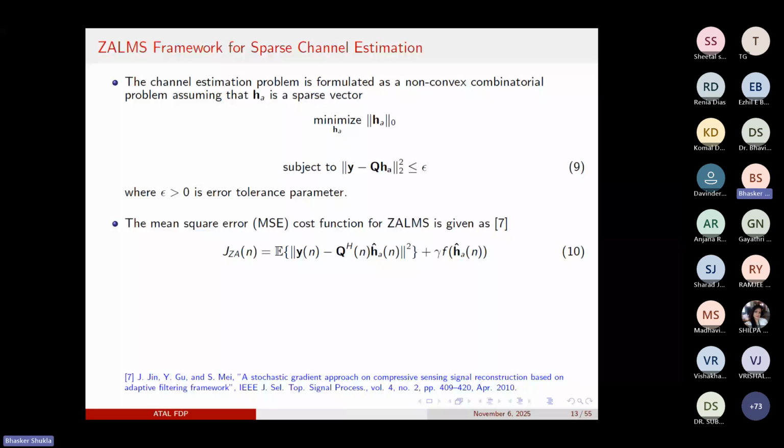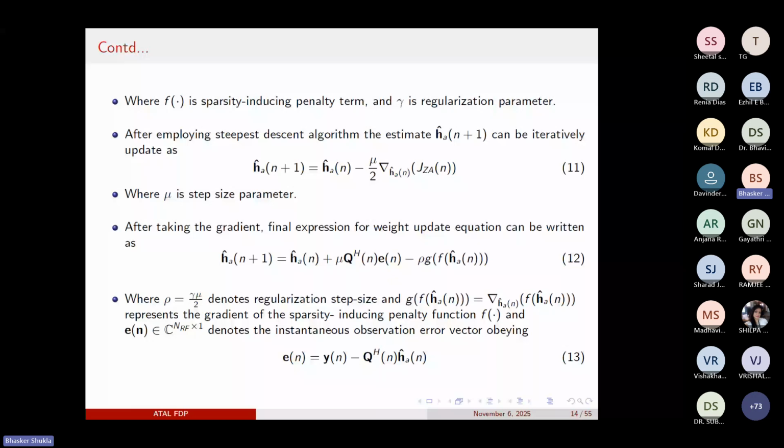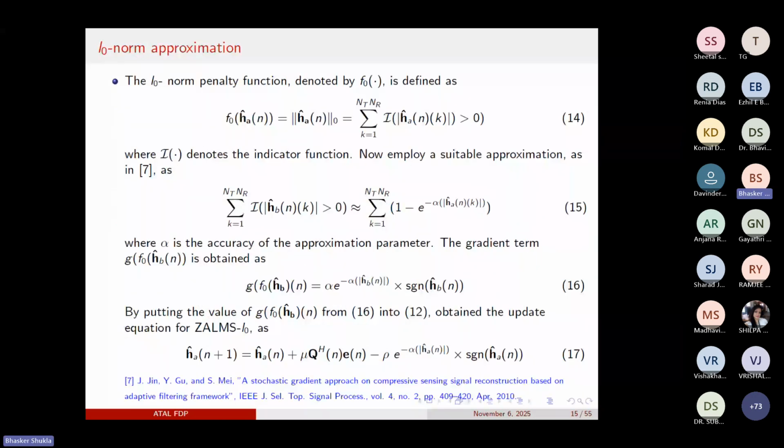And like previously, the basic aim of applying this algorithm is to find a lower NMSE floor as well as lower computational complexity and improve the spectral efficiency.